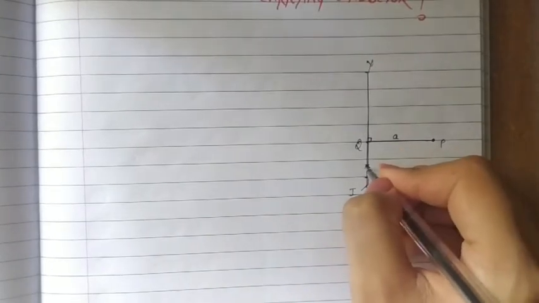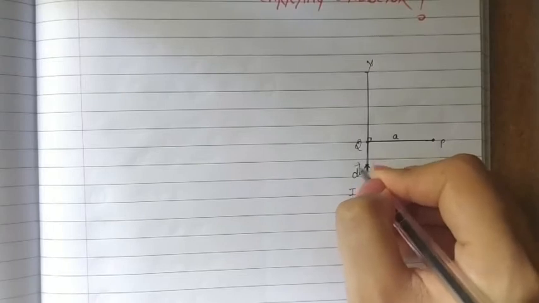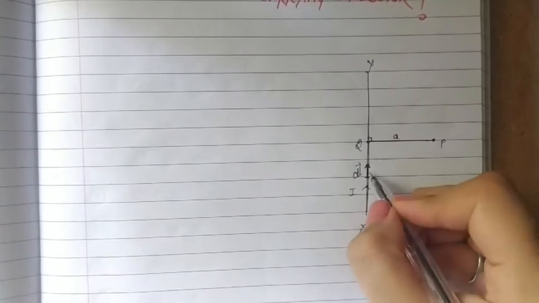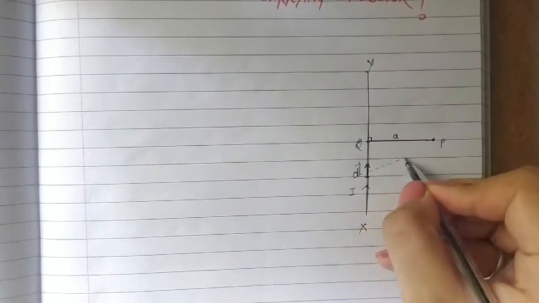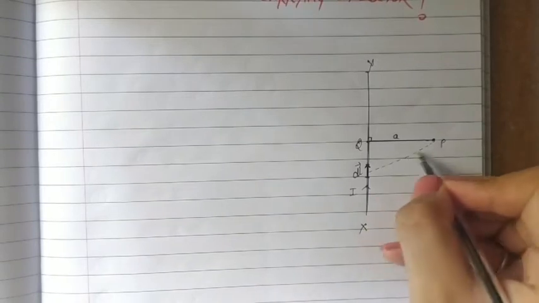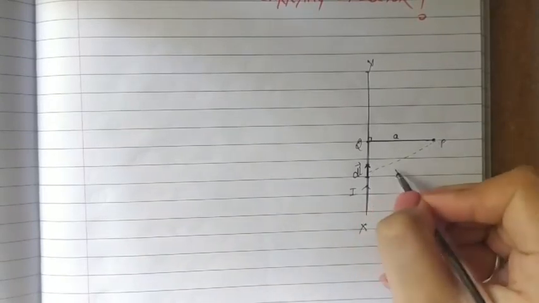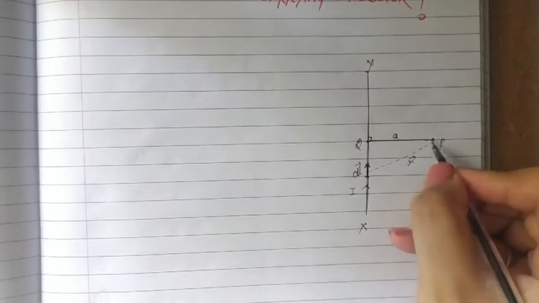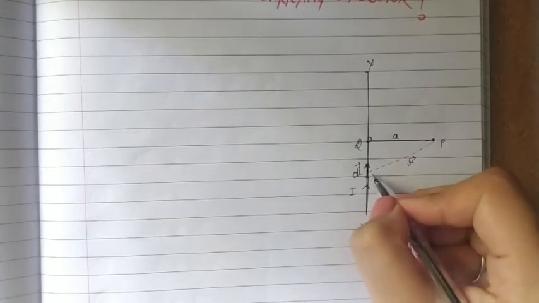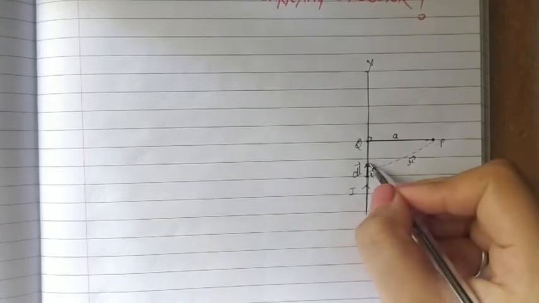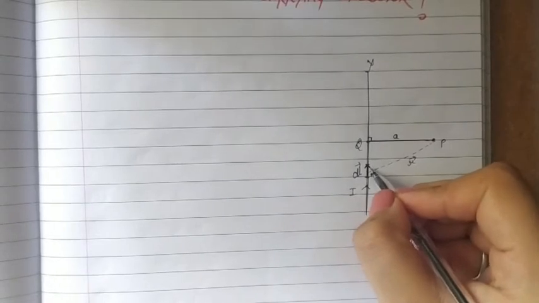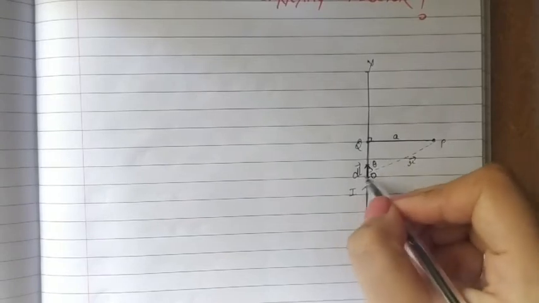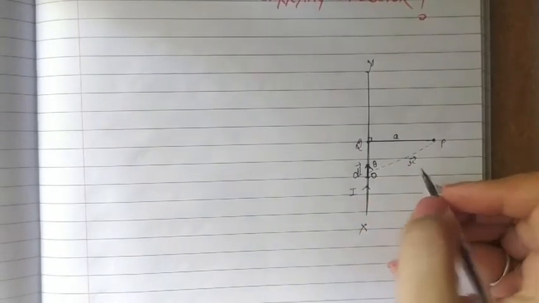This is the dl vector current element at point O. The position vector of point P with respect to the current element is r vector, and the angle that this current element makes with the position vector r vector is theta. Theta is the angle between dl vector and r vector.